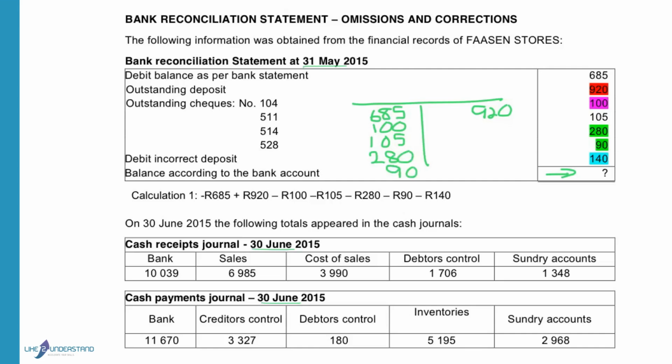And then there's incorrect deposit that must be debited. So it means the 140 must also be on the debit side. Then I will add and subtract the two totals from each other to determine what is the closing balance. And that will be the balance that we will start in our bank account at the beginning of May.